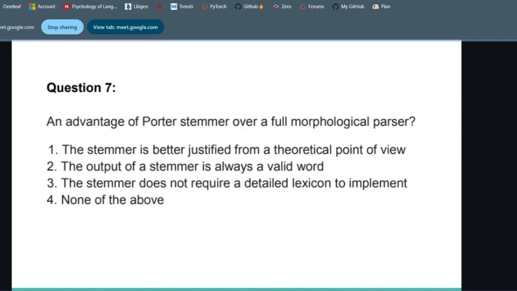So question 7. Here we'll be discussing an advantage of a Porter stemmer over a full morphological parser.